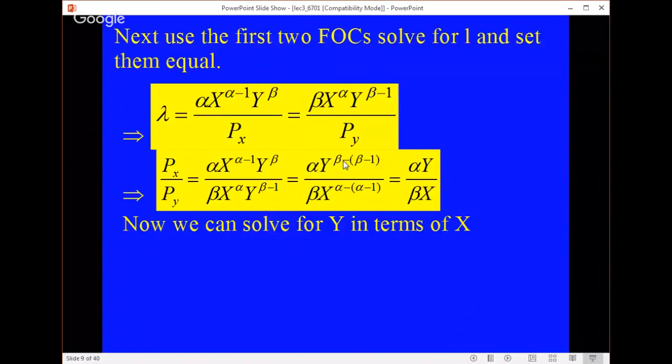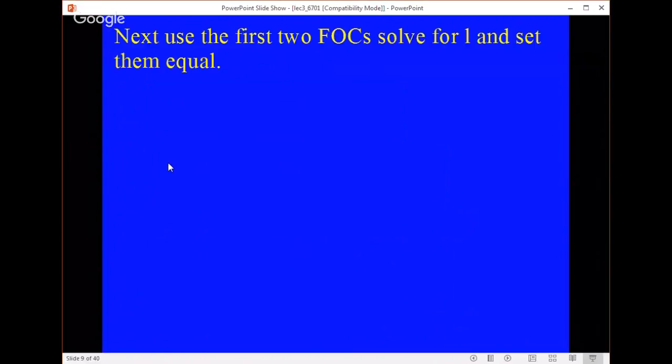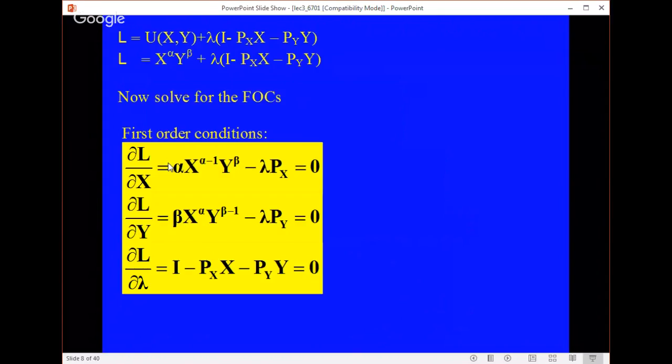So I have the same condition I did when we started the class. That's the ratio of prices equals the ratio of marginal utilities, or the marginal rate of substitution, what we called. This first part is my marginal utility of x, alpha x to the alpha minus 1 power y to the beta. That's my marginal utility of x. Beta x to the alpha, y to the beta minus 1, that's my marginal utility of y.